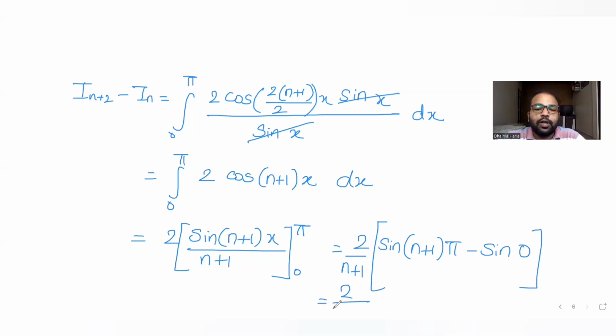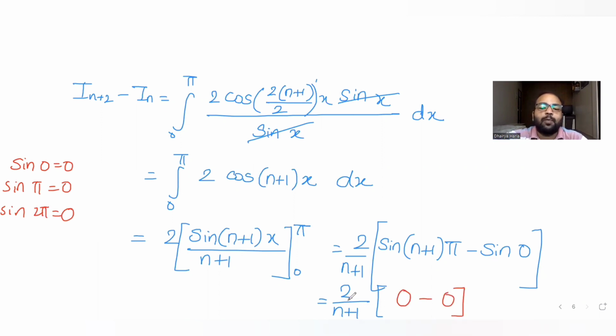We already know that sine of any integral multiple of pi is always 0.